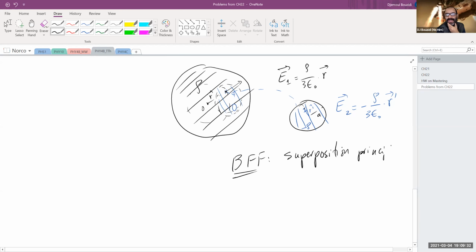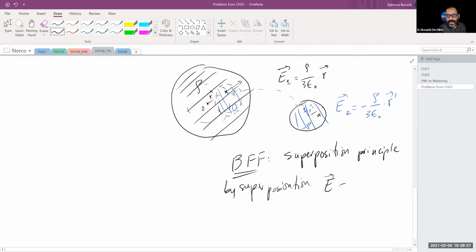principle. Because the way this works is, you assume the other sphere doesn't exist with the negative rho distribution and calculate E1. You assume the big rho distribution with the big radius r doesn't exist and you calculate E2 due to the sphere. And now, by superposition, E is simply E1 plus E2.